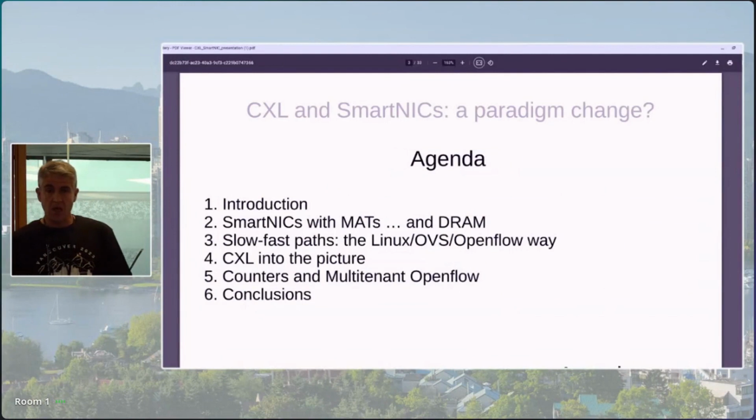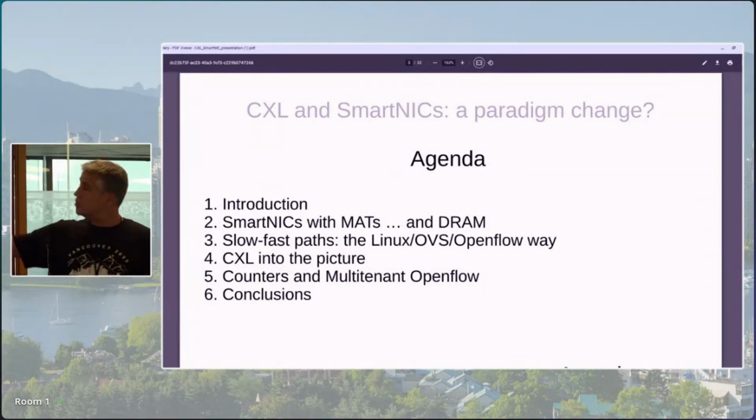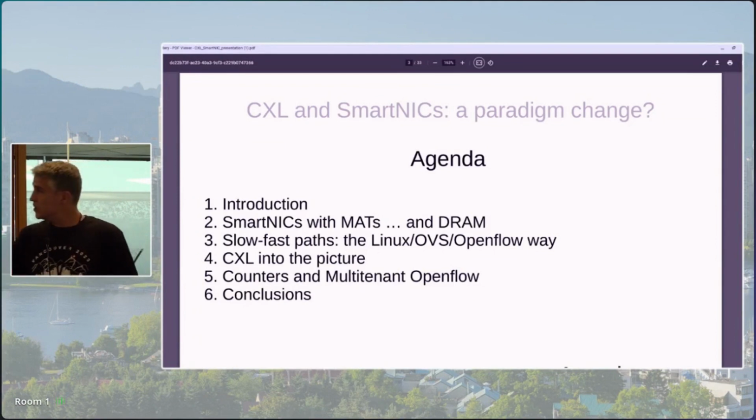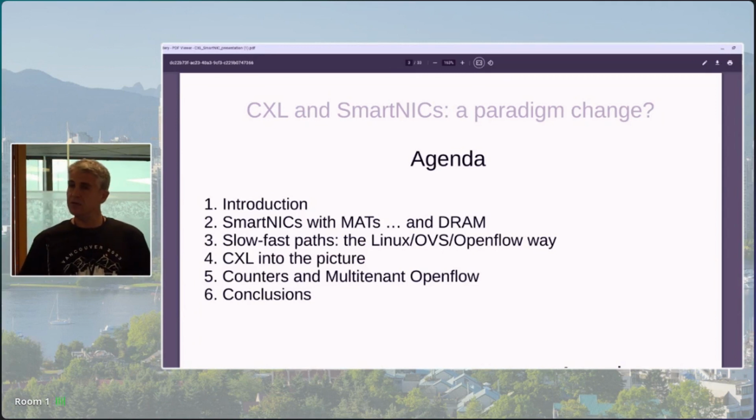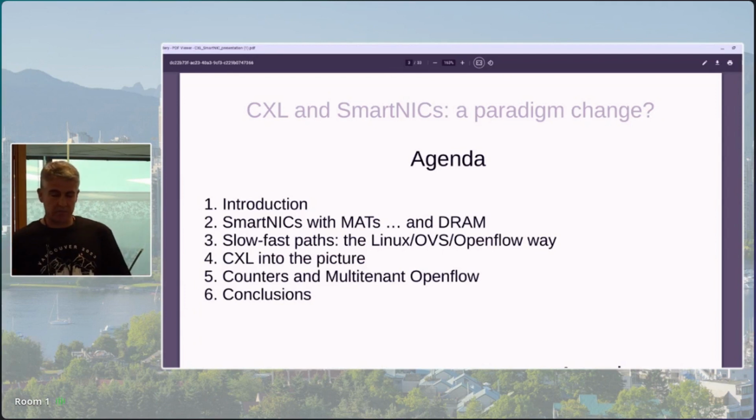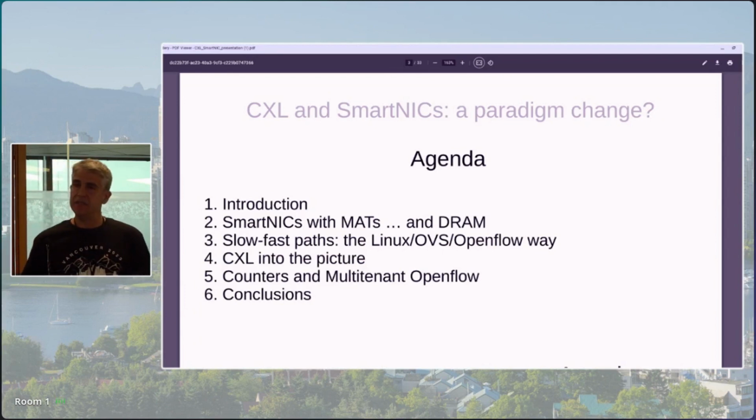So this is the agenda. I'm going to explain which semantics I'm referring to, which functionalities I'm referring to. I will start with a brief introduction explaining why I'm talking about this, because CXL is not something that I was looking for a problem to apply, but it came to me from something I was working on and really didn't understand how it could work.